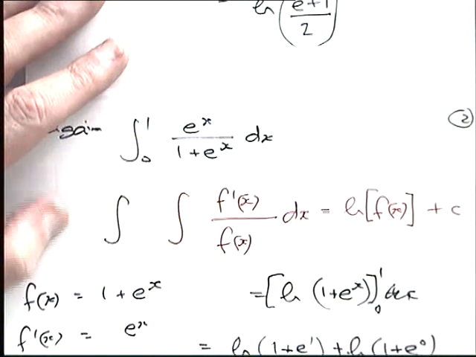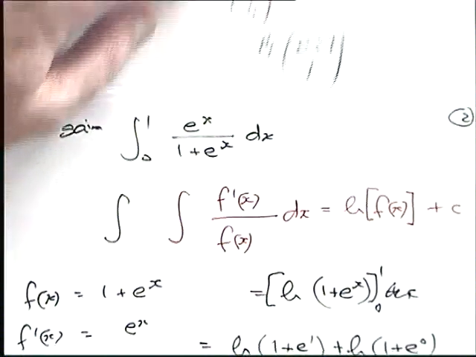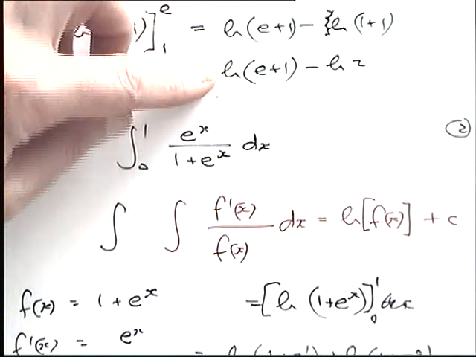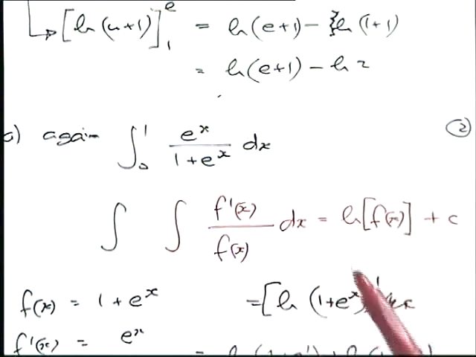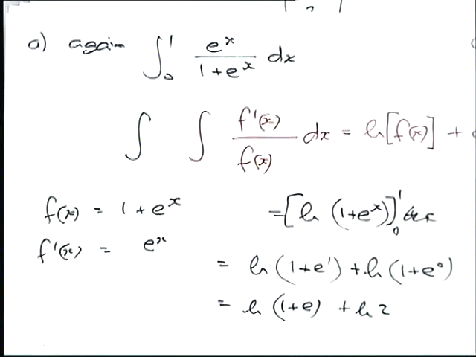What is e to the naught? 1. So log of 1 plus 1 is log of 2, and that line there we had earlier on. So if you can spot it fits this rule, there's no need to do it by substitution. You can just say, okay, it fits the rule, there's the answer.